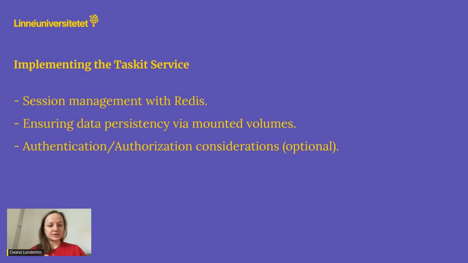Then what is needed to add to the Taskit service? You need to add session management. That's basically just one instance of that, but just make sure that it is persistent via mounted volumes. And at this point, you can also add authentication and authorization.